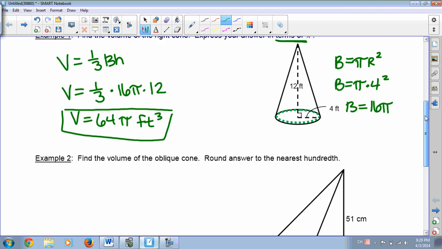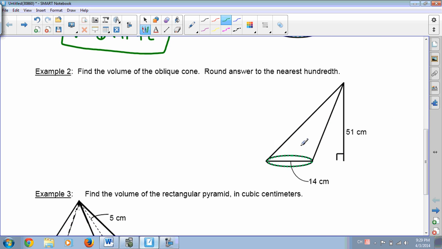Okay, let's look at number 2. Again, this is a cone, but this is an oblique cone because it's leaning to the right. You still use the same formula even though it's an oblique cone. 1/3 big B times H is the volume formula for a cone. So let's go ahead and find the area of our base, which in this case again is a circle.